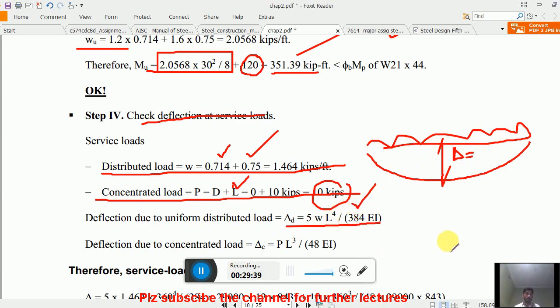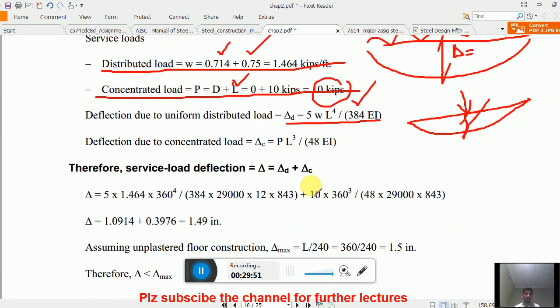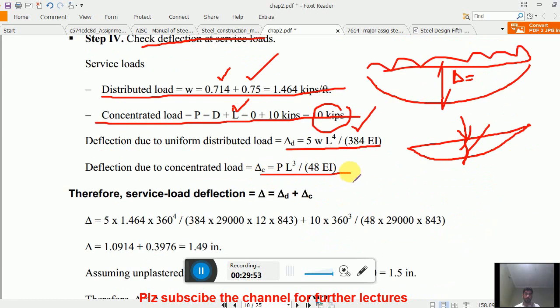But when you have a simply supported beam and it is subjected to a point load, when it deflects, the formula used for this amount of deflection is this one, PL cubed divided by 48 EI. Remember, this is due to concentrated load. Delta C is concentrated, delta D is basically distributed load. So the total deflection will be the summation of these two.